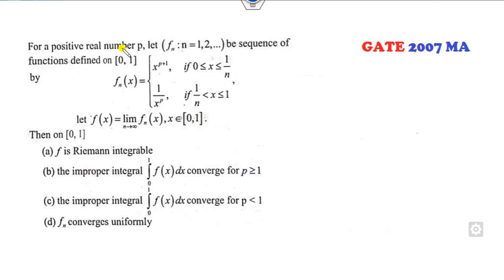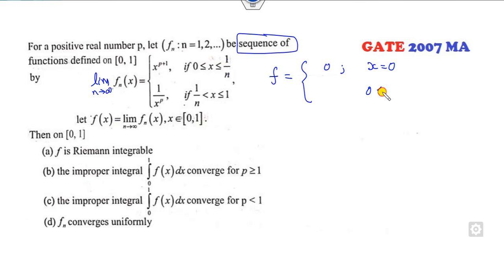For a positive real number P, Fn is a sequence of functions defined here, and capital F is Riemann. Can you find the limit of this function as n approaches infinity? As n approaches infinity, this becomes 0.